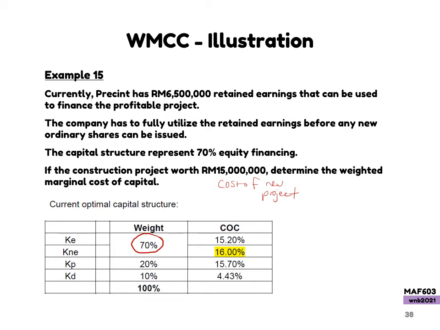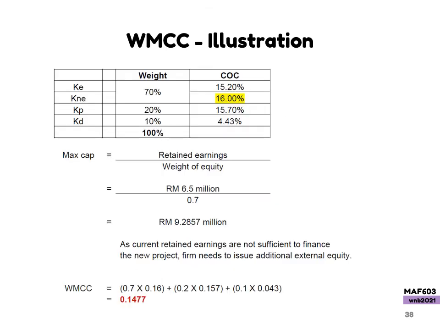Okay, so how do we tackle this kind of question? Let's look at next slide. First thing first, we need to evaluate whether the cost of new project exceed the maximum capital expenditure, maximum capex. So maximum capex, retained earnings ada 6.5 million divide by weight of equity financing.